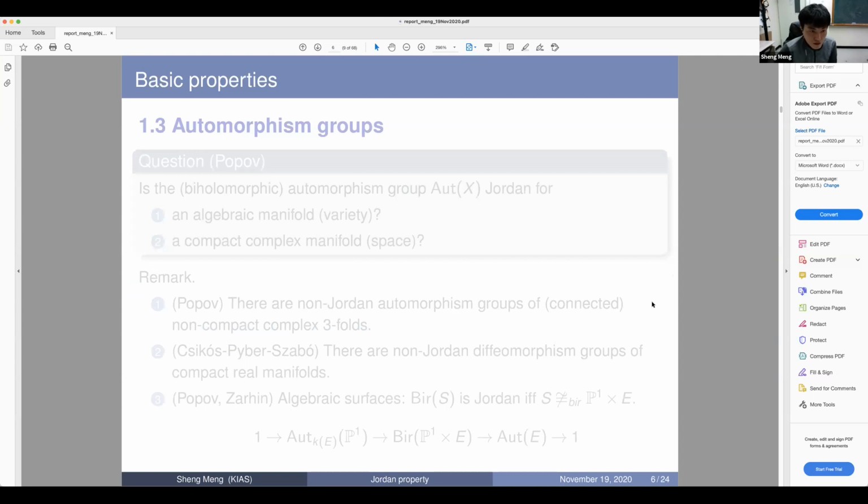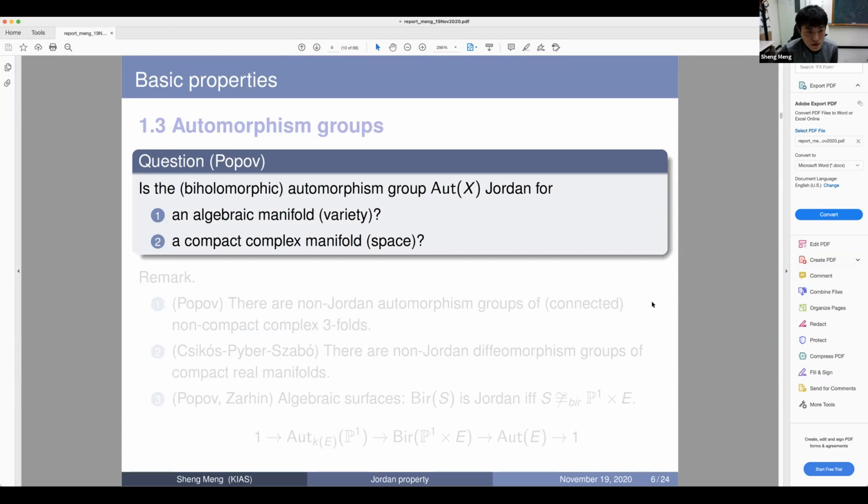Okay. So now let's look at what the general question looks like. The question, asked by Popov, is whether the automorphism group of a variety is Jordan, for an algebraic variety or a complex space.